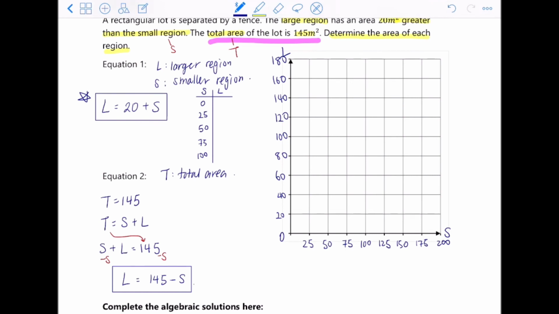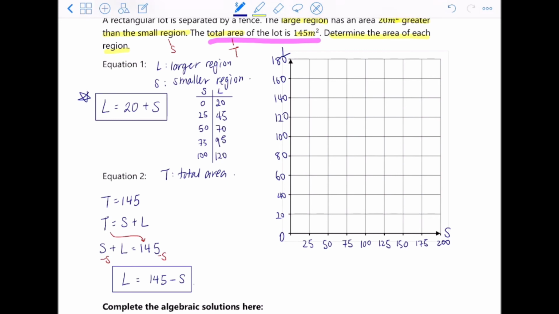So if S is 0, then L equals 20. And it goes up by, not 20, but if you go 25, so 45 here, 70, it goes up by 25, so 95, and then 120.